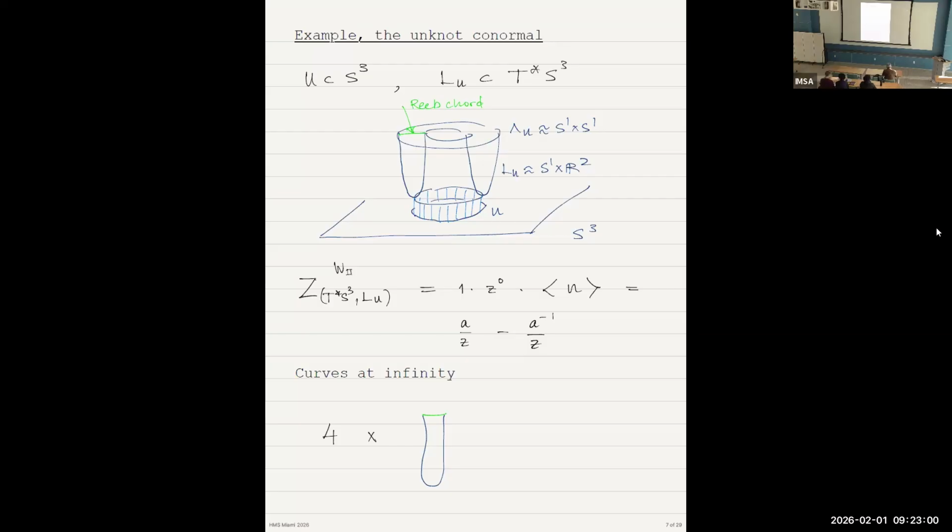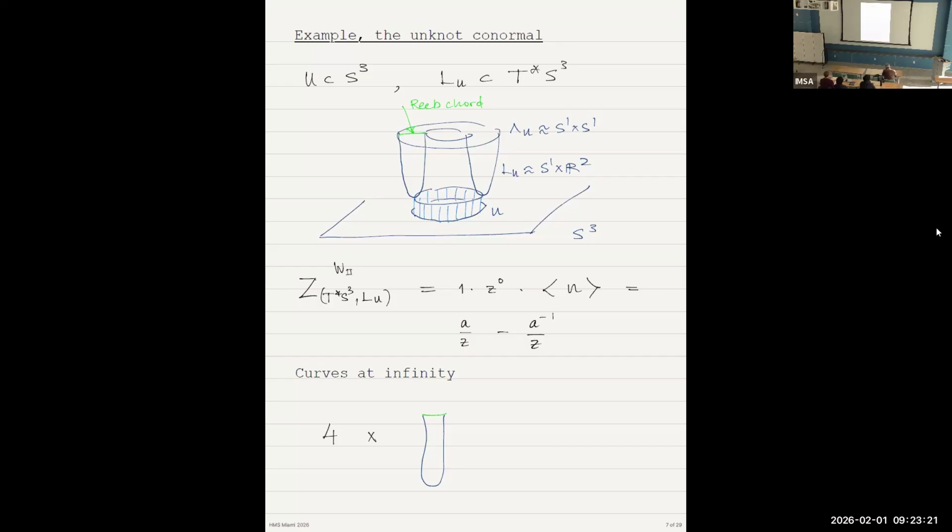And the Skein count is first 1, because it's transversely cut out, and then z to the minus Euler characteristic of the curve, which is 0. And finally, we have to take the value of the boundary in the Skein of the two Lagrangians.